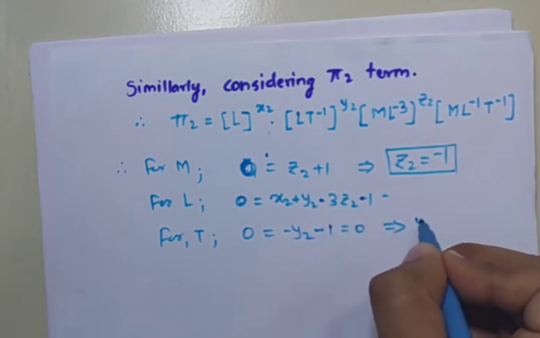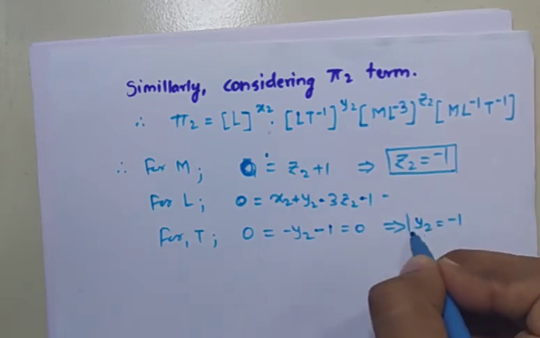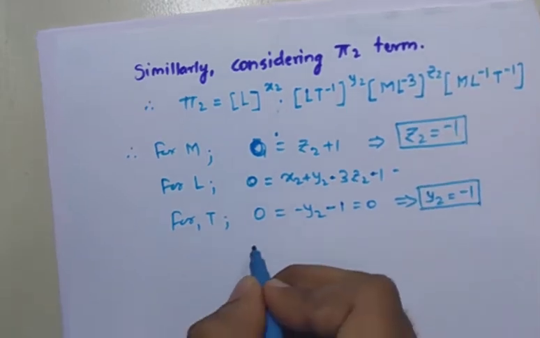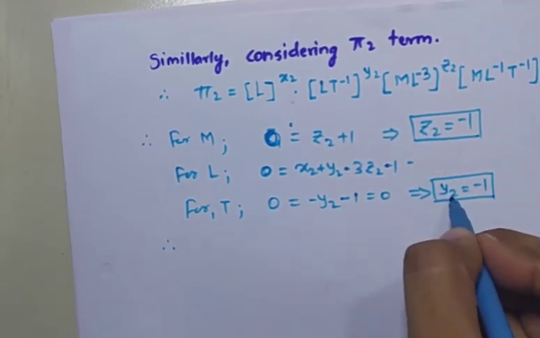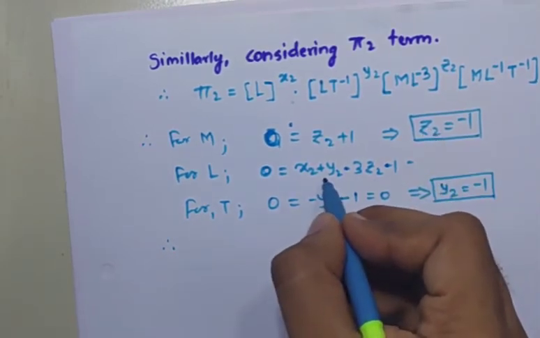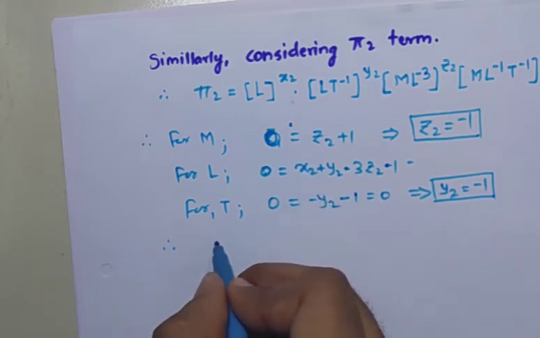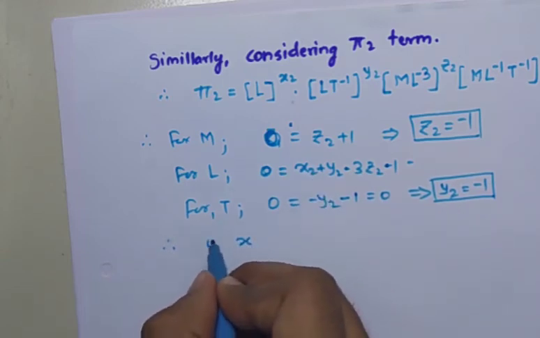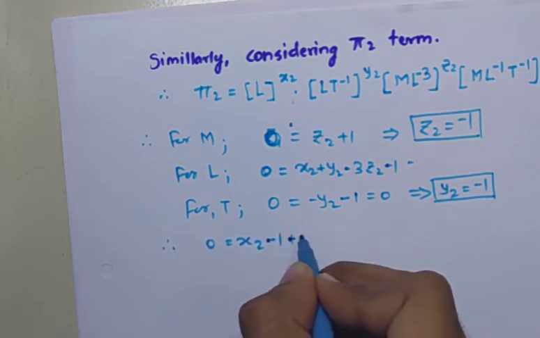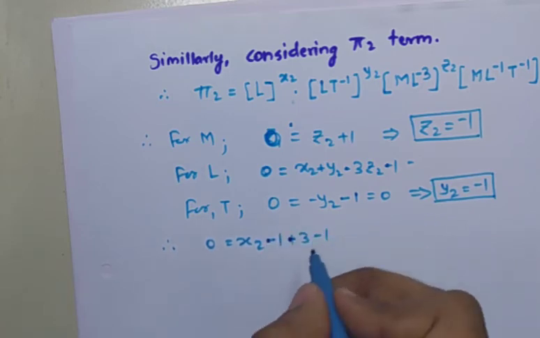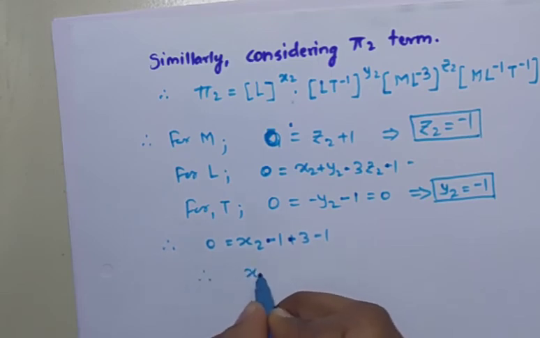So this implies that y2 is equal to -1. So therefore substituting x2, y2 and z2 values in this equation to get value of x2. So therefore 0 is equal to x2 minus 1 plus 3 minus 1. So therefore x2 is equal to -1.